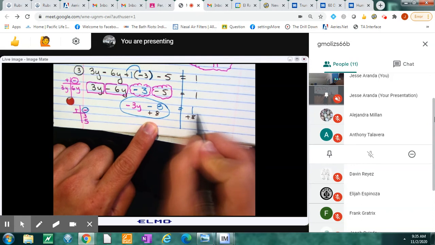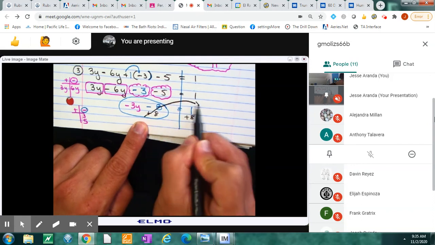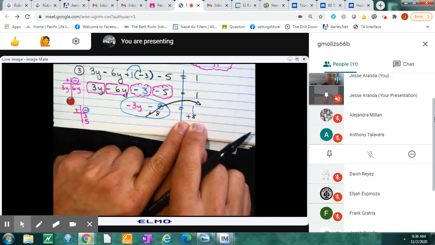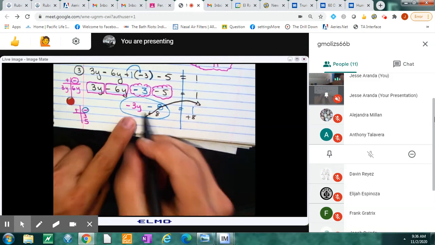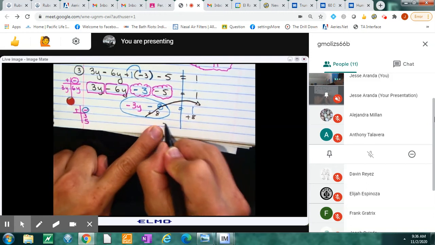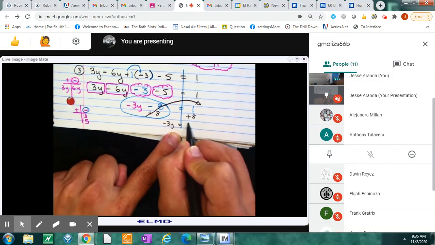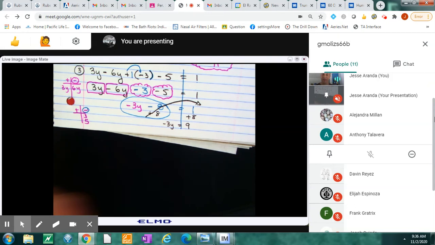See that? Because I'm going to throw it away. In order to launch the -8, I have to set it up with a +8. So the +8 goes to the other side, right? So now what comes down? The -3y equals 1 plus 8 is 9, right?